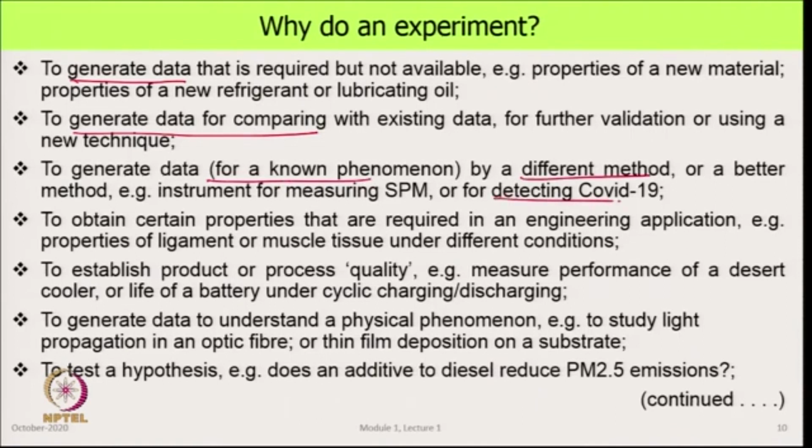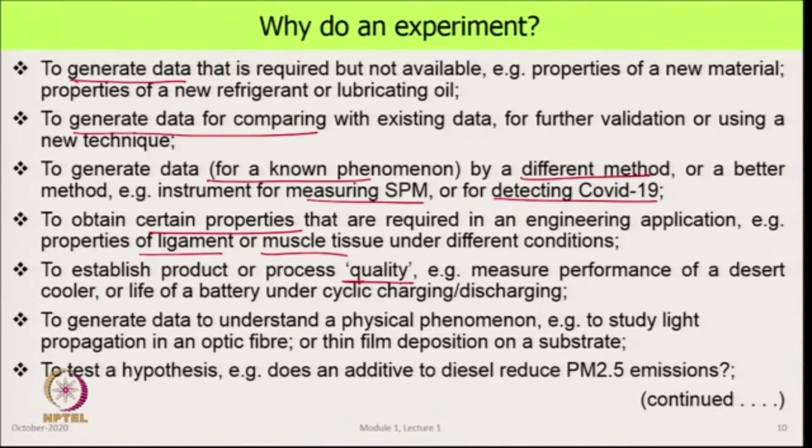For example, I want to develop a new technique for detecting COVID-19 or for measuring particulate matter in air, or I want to obtain certain properties that are required in an engineering application, for example, properties of a ligament or muscle tissue under different conditions, or I want to establish the product or process quality.